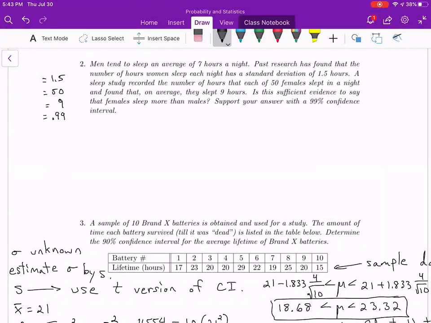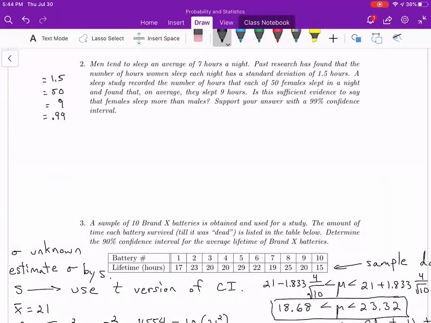In this case, I didn't put 7 anywhere. That's because that 7 has to do with men, whereas everything else in this problem is about the women. And so the challenge for students is to figure out what are the appropriate labels for this information.